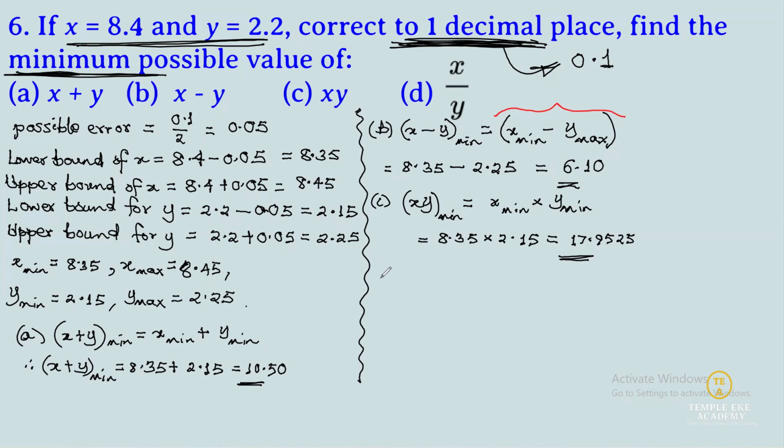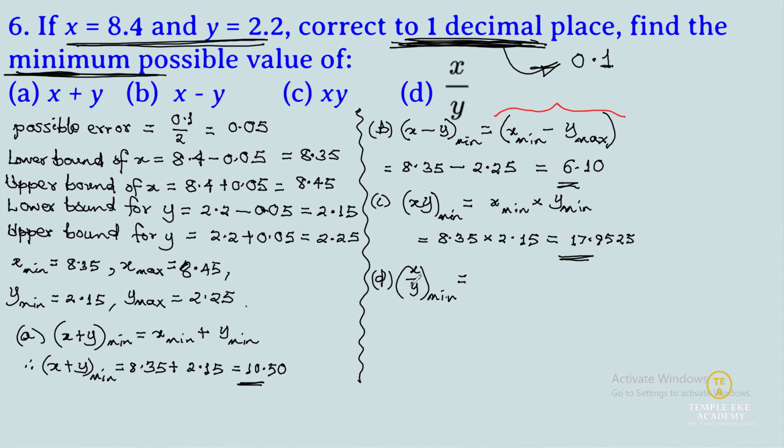Now the final calculation, which is D, we're looking at the minimum value of the ratio X divided by Y. So we're saying X divided by Y at its minimum. How will this happen? Can you pause the video so that you can think about how this should be handled? Okay, good.